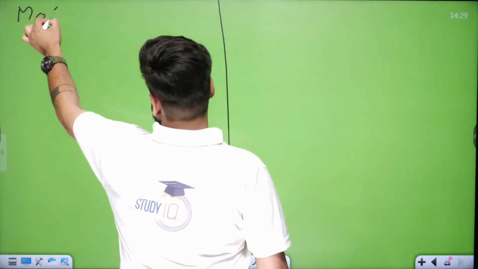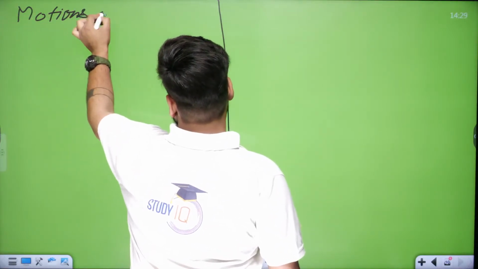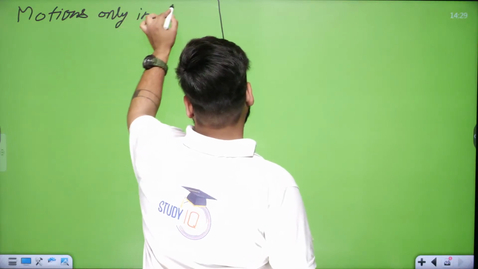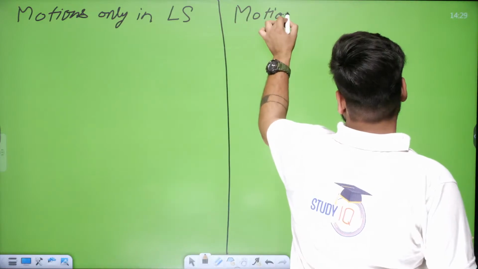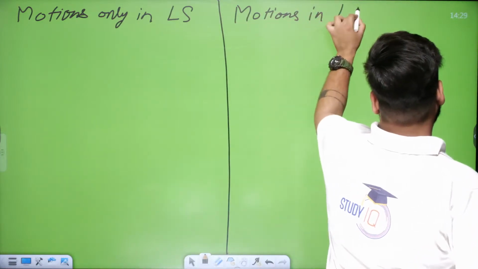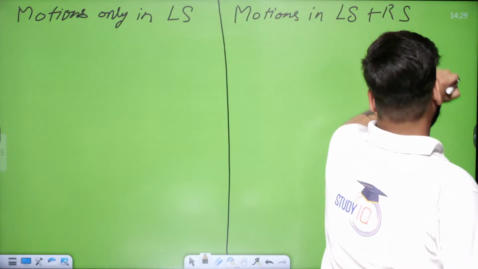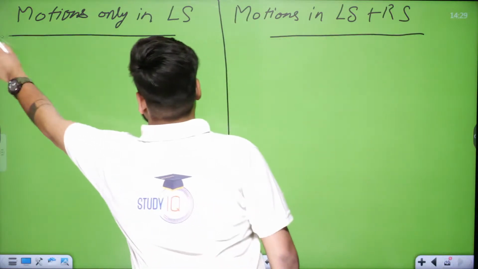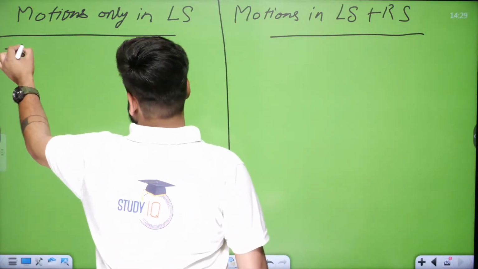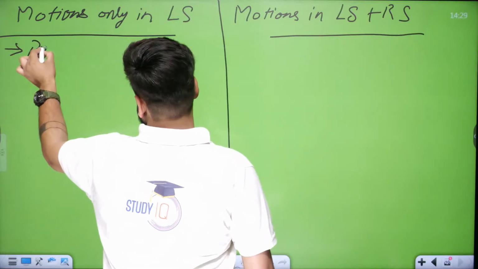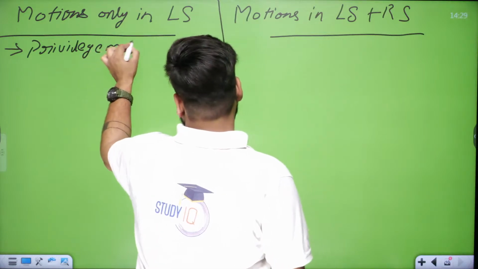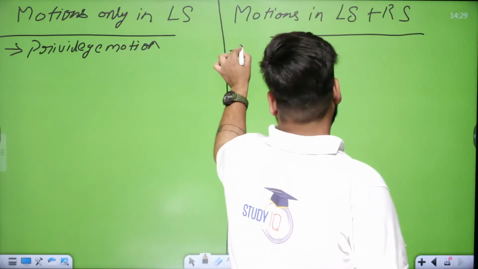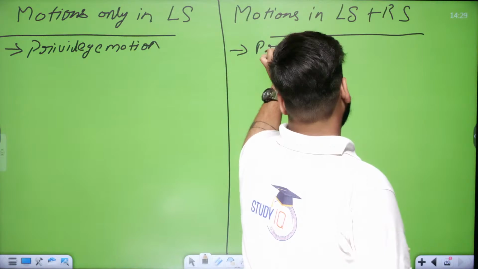Motions only in Lok Sabha and motions in Lok Sabha as well as Rajya Sabha. So what we have seen so far: the privilege motion is present in Lok Sabha as well as in Rajya Sabha.